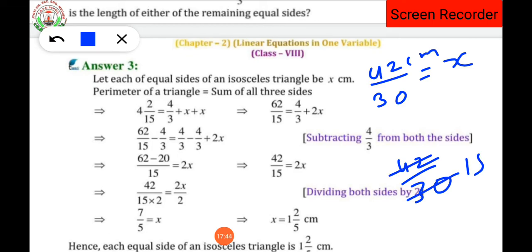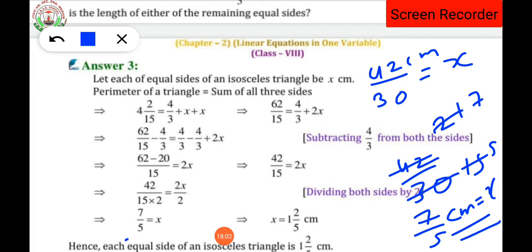So 15 here, 2 and 1. Again 15 and 21 will get cancelled by the table of 3, that is 5, and here it will be 7. So what is the answer finally we will get? That is 7 upon 5 centimeter is equals to the value of x.